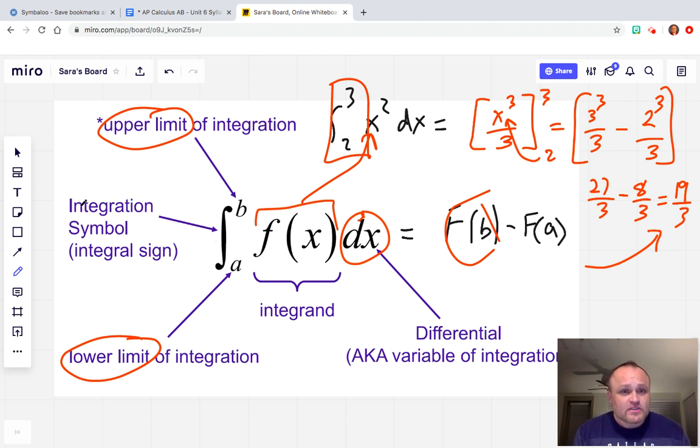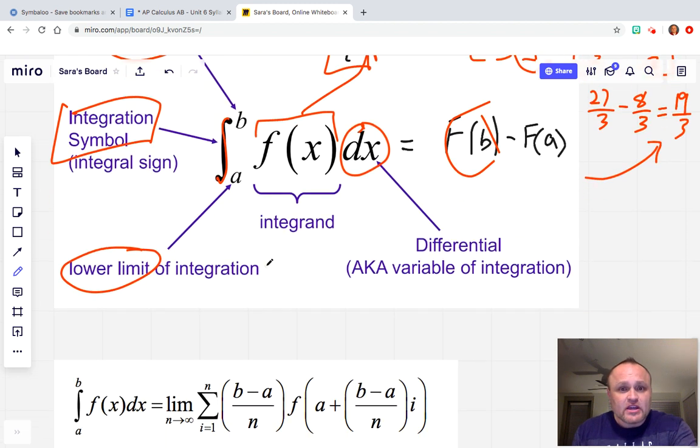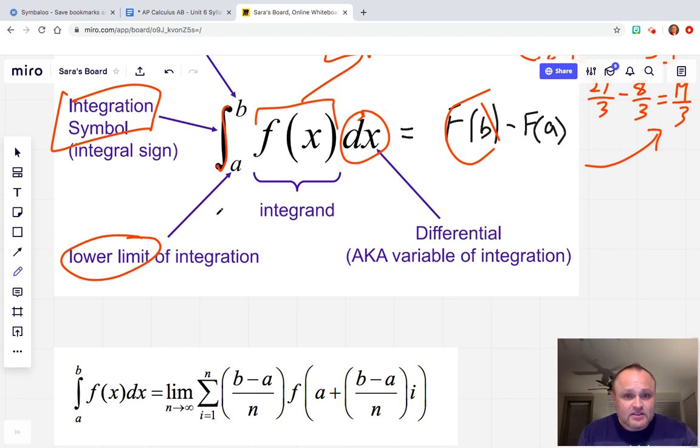So this integration symbol right here, okay, this squiggly thing, if you will, it is the same as this summation here, okay? So again, this summation extends to that summation notation.